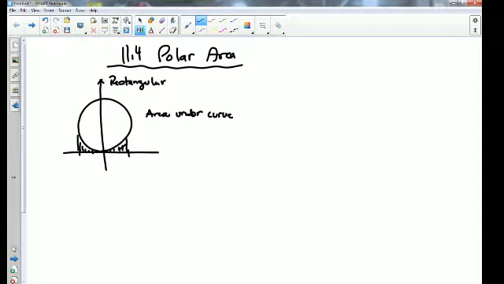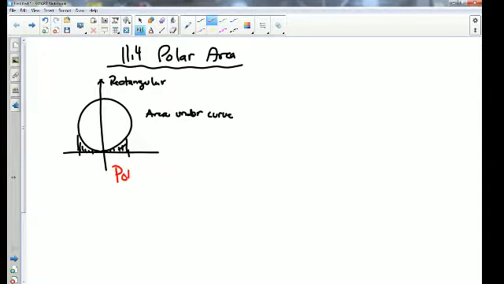Polar coordinates are different, and it's pretty handy because it gives us a different way to compute. Now if this is rectangular, Cartesian, some people call it the XY plane. There are probably other names I'm not thinking of at this point.